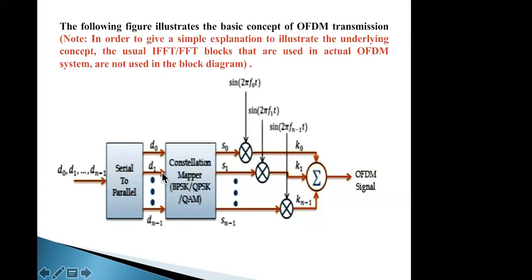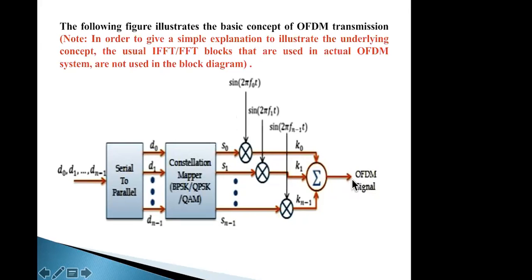Then these 8 bits are given to each path S0, S1 up to S of n minus 1, and they are mapped. In QPSK, if the first data stream D0 equals 0, 0, it is mapped to A plus j beta. If D1 is 1, 0, it is mapped to minus A plus j beta. That amplitude is multiplied with sine 2 pi F naught t. Then we sum up all the values and transmit the signal over the air.